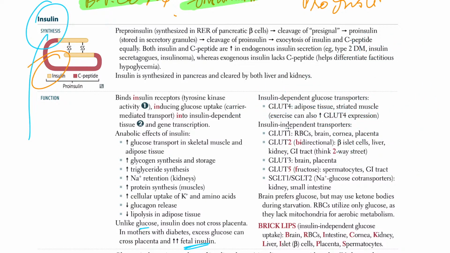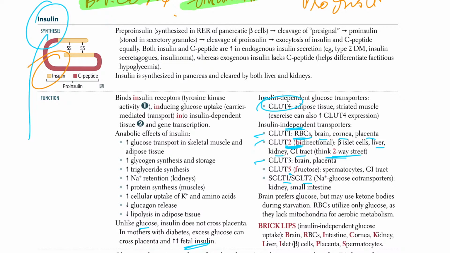So let's talk about independent transporters. Independent transporters are going to be GLUT1, 2, 3, 5, everything except 4, and SGLT1 and 2. GLUT1 is seen in the RBCs, brain, cornea, and placenta. GLUT2 is bidirectional, high yield. Beta islet cells, liver, kidney, GI tract.